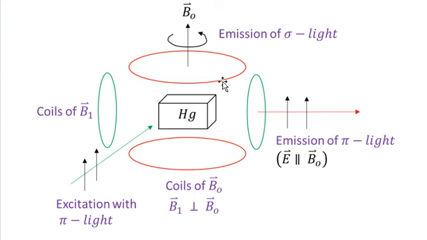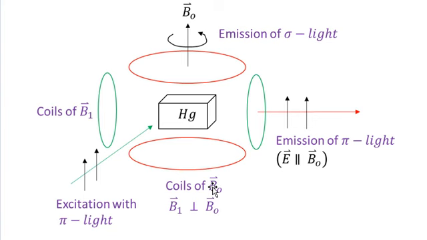The coils of B0 generate a magnetic field, and this magnetic field B0 is actually used for the Zeeman splitting. That is, the level of capital J will be split into Mj levels under the application of the moderate magnetic field B0.